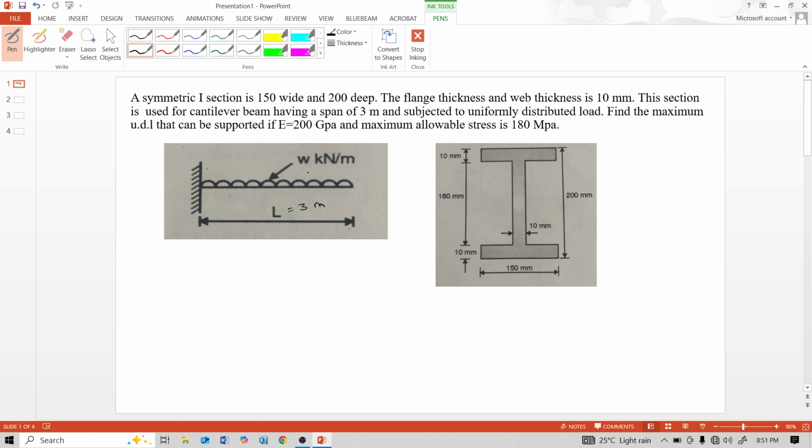Our problem statement is to find this uniformly distributed load W. The section of this cantilever beam is this I section, and this I section is symmetric about the x-axis. The above side and below side of the x-axis are both symmetric, and this I section is symmetrical about the y-axis also. So while calculating moment of inertia in this numerical, we don't use the parallel axis theorem.